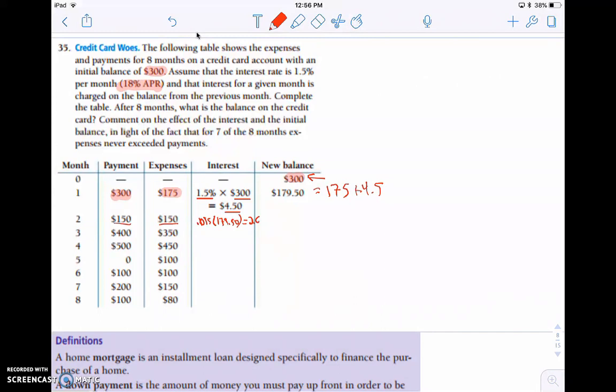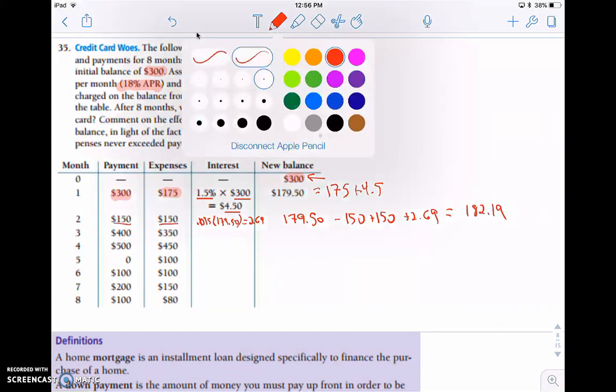So to find out the new balance, we had $179.50 as the initial balance. We made a payment of $150, but then we charged $150, so those zero out, but then we have to add on the interest. So it's $179.50 plus $2.69, which gives us $182.19. That would be the new balance for the next month.